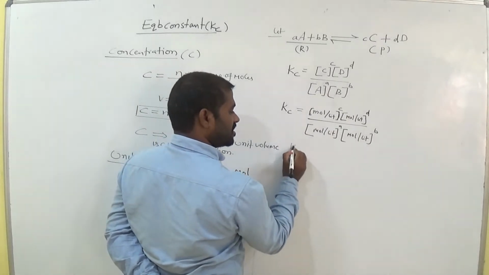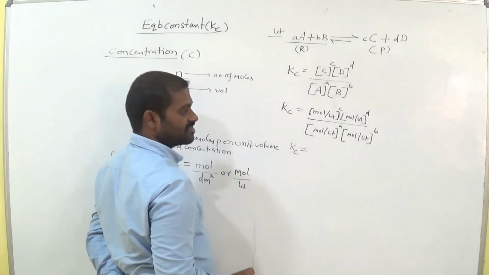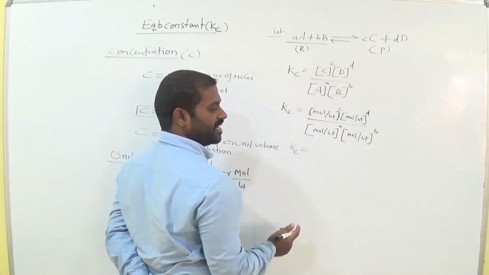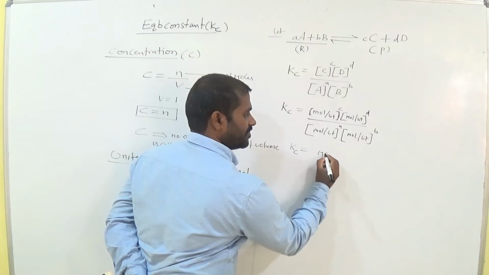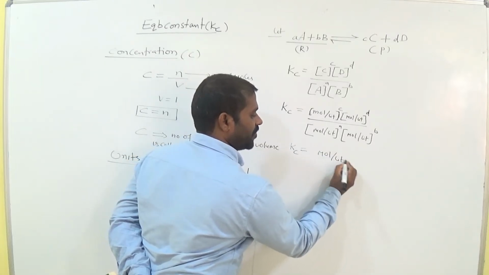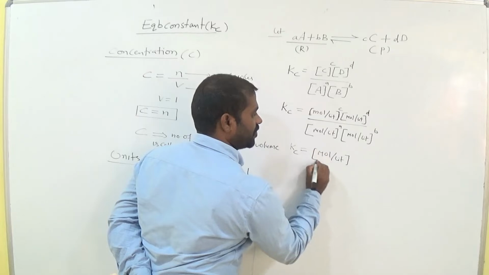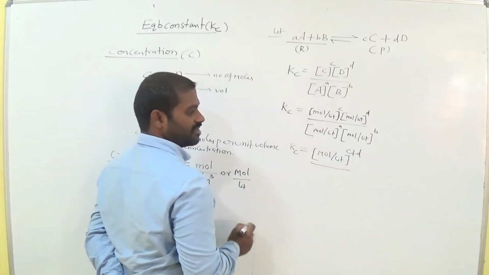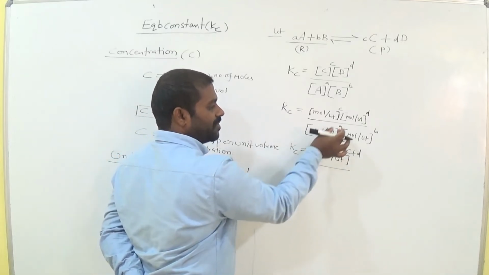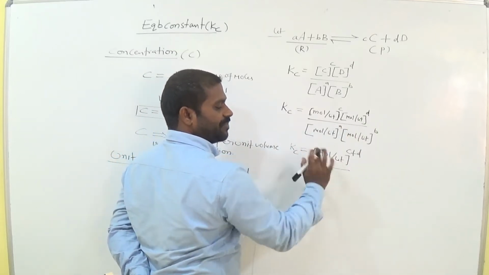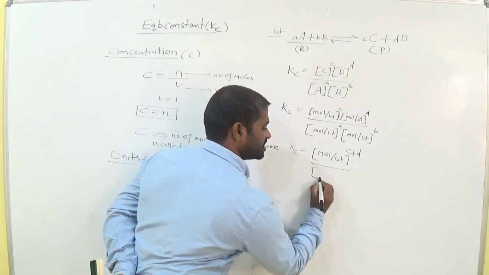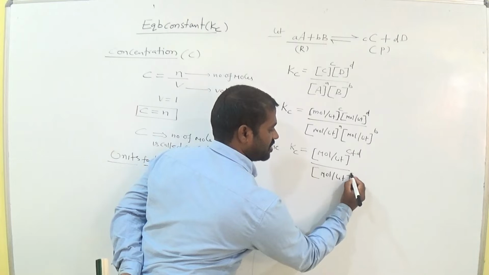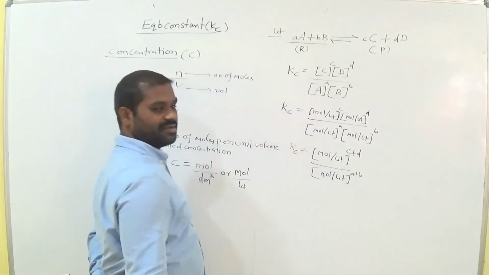From this, can I write like this? a power m into a power n is a power m plus n. Am I right? Therefore, mole per liter whole power c plus d, and here also mole per liter power a plus b.